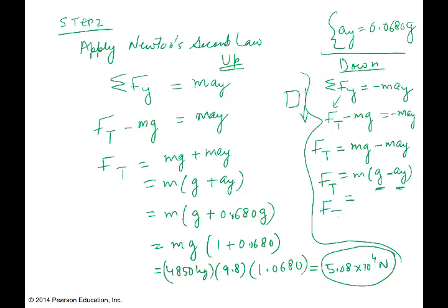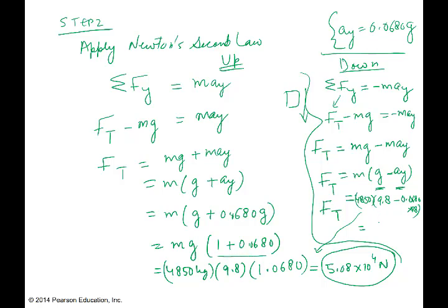We end up getting, after substituting the values, 4850 times 9.8 minus 0.0680 multiplied by 9.8. You could apply the same strategy and solve it just like this, but the force will be slightly lesser this time, because we are subtracting it instead of adding it.